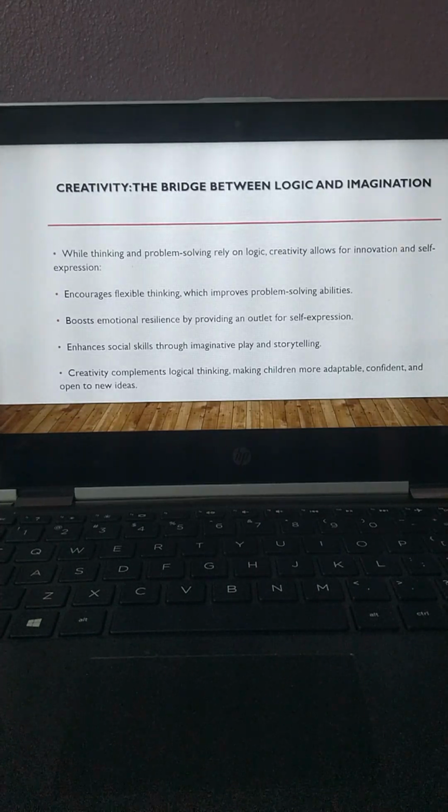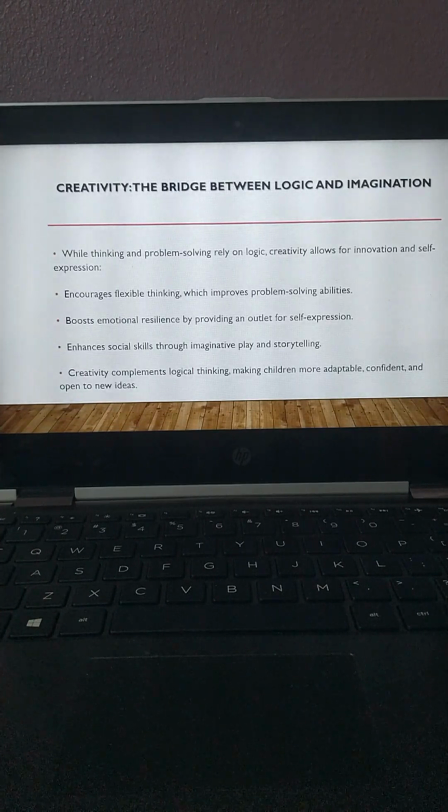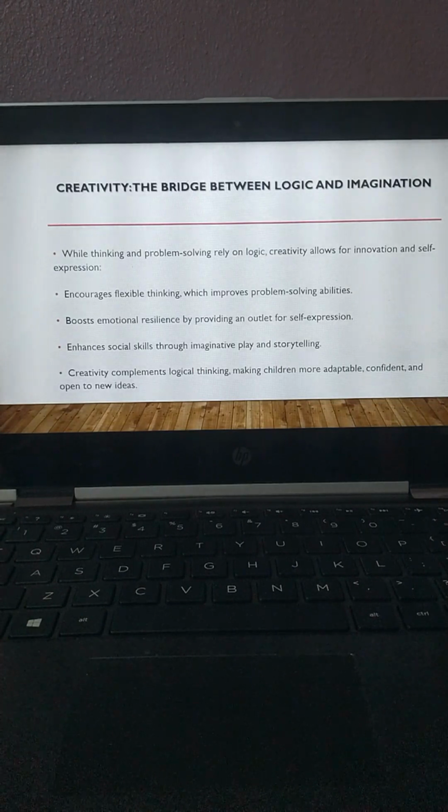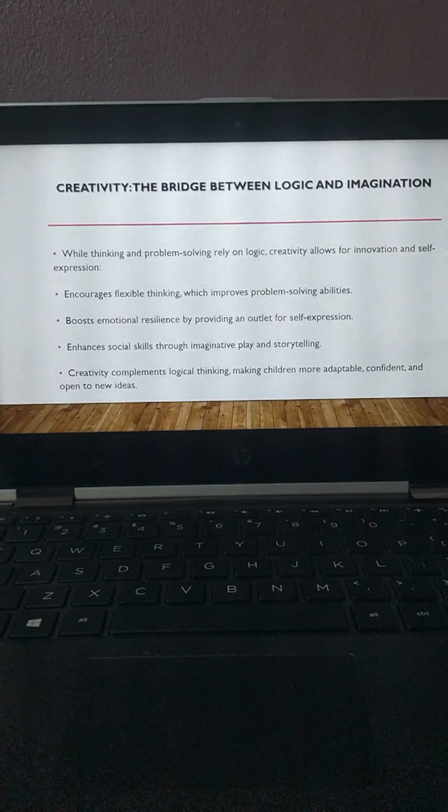We know that in primary schools today, or many primary schools, if not all, they are always taught this creative art thing. Some schools even teach the pupils how to play certain instruments, not just drawing. So it's very important that educators inculcate creativity in the school curriculum so that children are able to express themselves even in other ways.